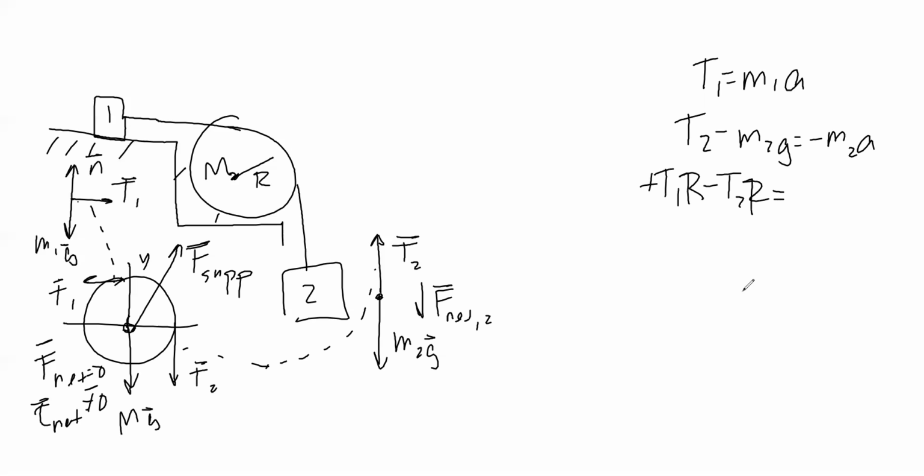And since T2 is bigger than T1, it exerts a larger torque, and so the acceleration should be in the same direction as the torque, something that the book kind of stresses.